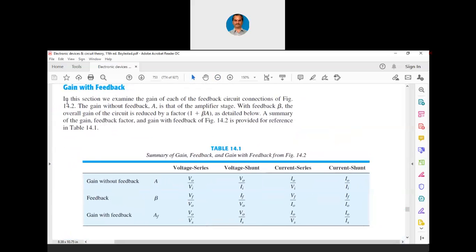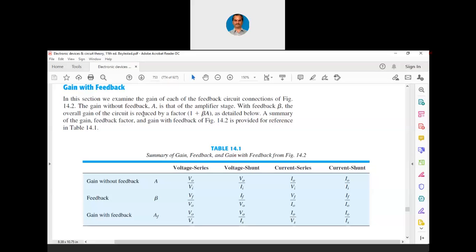In the textbook he says, in this section we examine the gain of each of the feedback circuit connections of the earlier figure. The gain without feedback A is that of the amplifier stage. With the feedback beta, the overall gain of the circuit is reduced by a factor of 1 plus beta A, as detailed below. But I have already shown you that derivation.